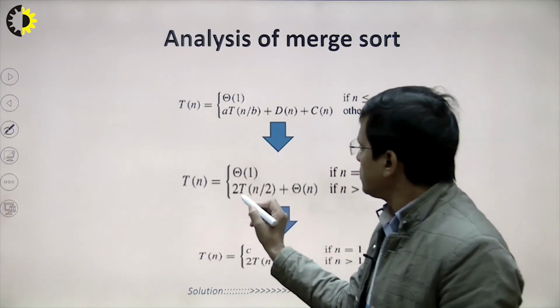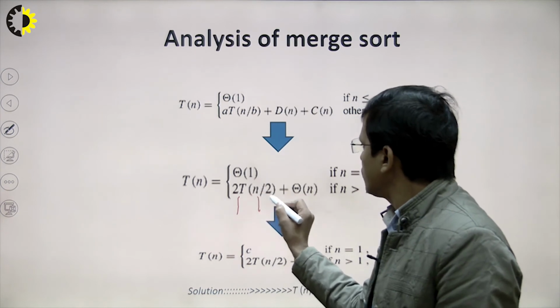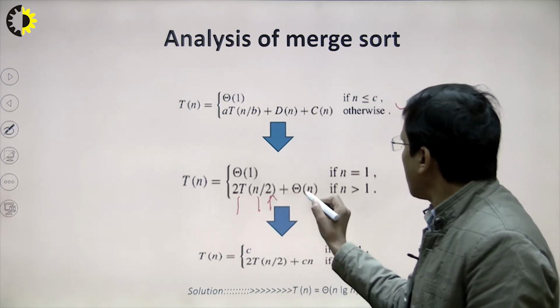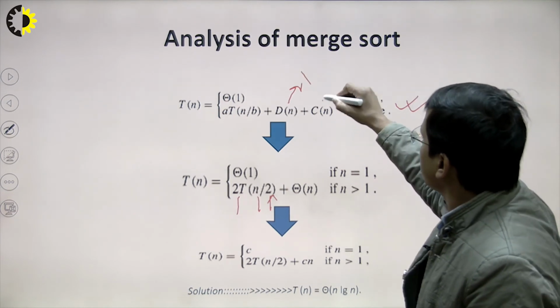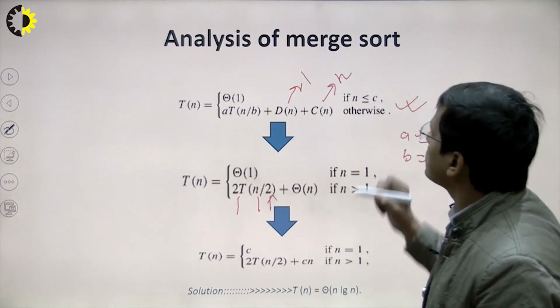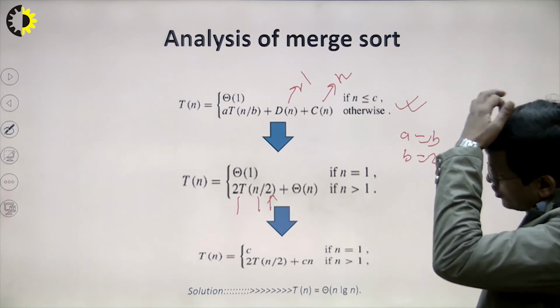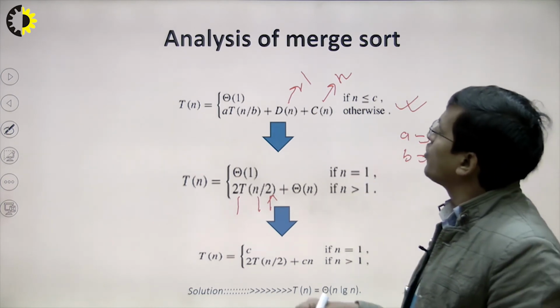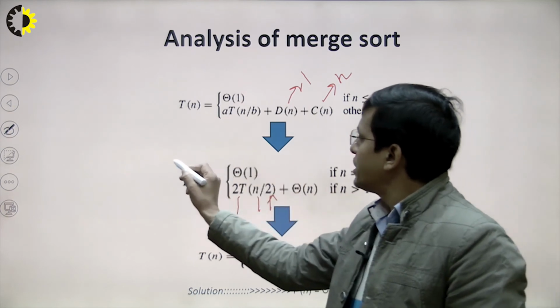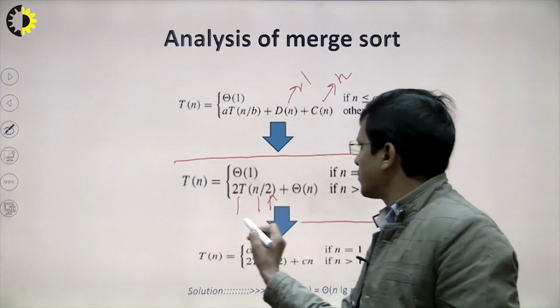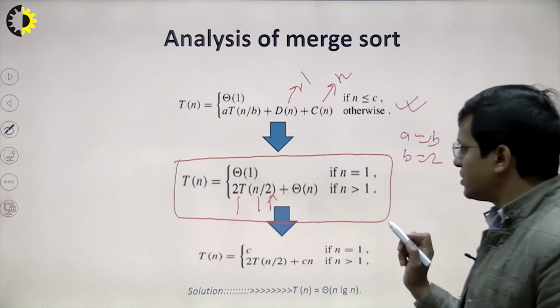Division takes constant time and combine takes n time, because it is linear time, right? So when we transform the divide and conquer strategy in the form of merge sort, this is the overall running time.